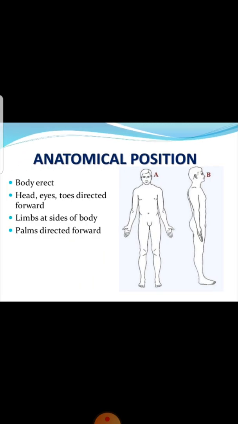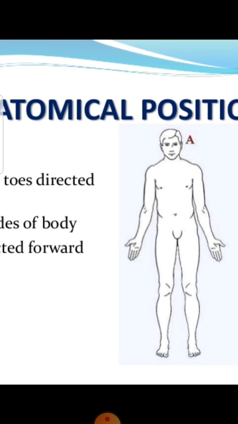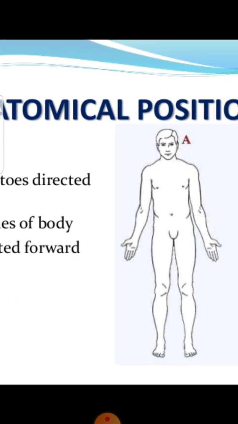As I have said, being human, we can move and change position, so we have a reference position that gives meaning to the directional terms. This is the anatomical position, the image A. As you can see, the body is in the erect position.